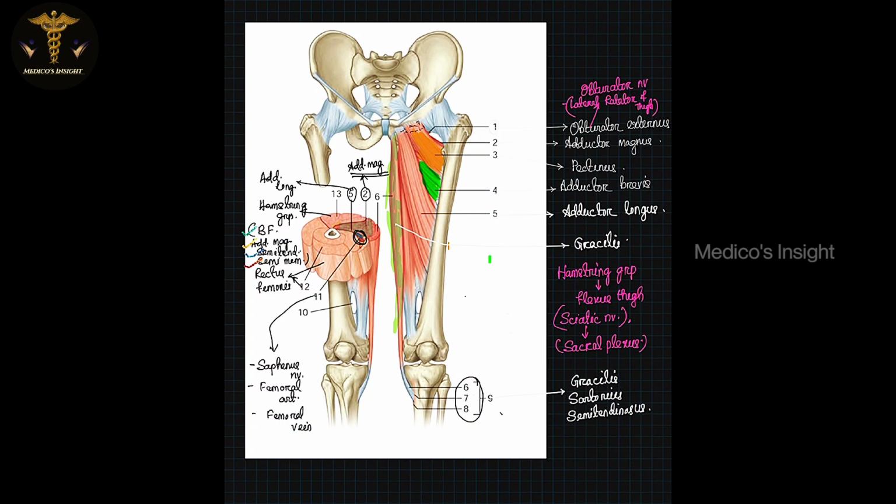In this group of adductor magnus, adductor brevis and adductor longus, as you read, all are powerful adductors, which adduct the thigh, and the hamstring group of muscle flexes the thigh.